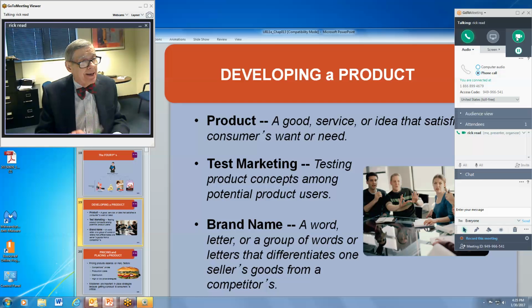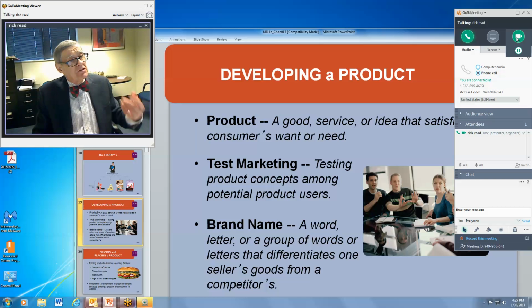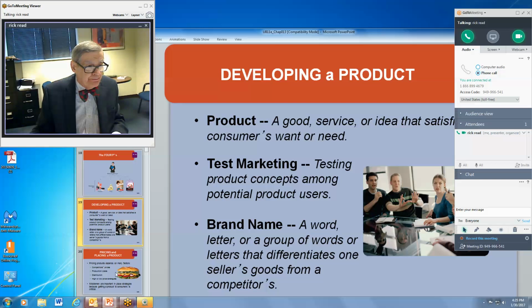We'll get to branding a little bit later and explain it a little bit harder. But that is something that stands out. And people ask for product by brand. And they associate the type of product with the brand. Again, we'll talk a little bit more about that later.